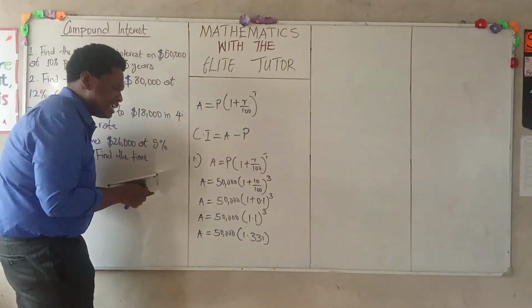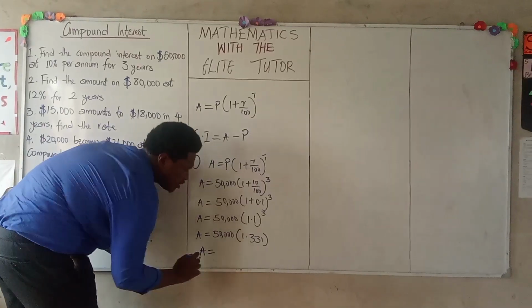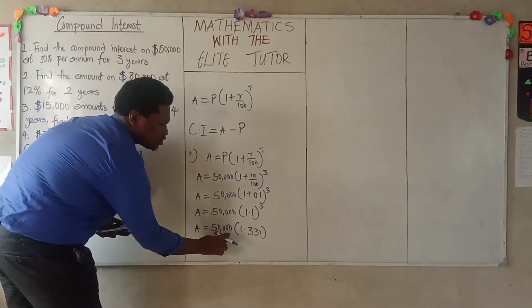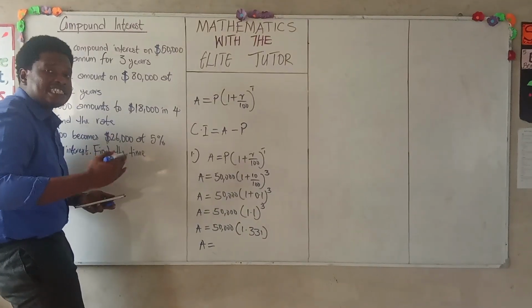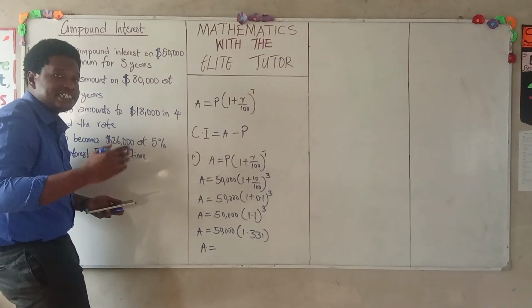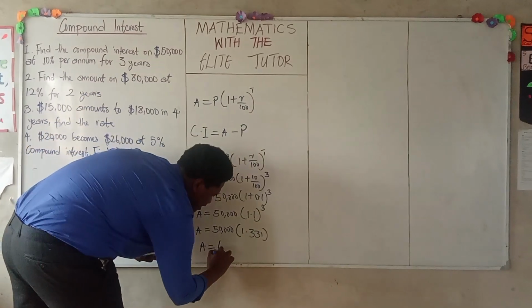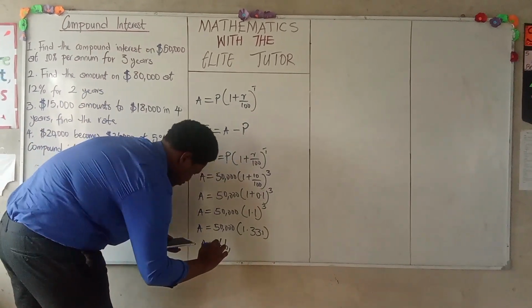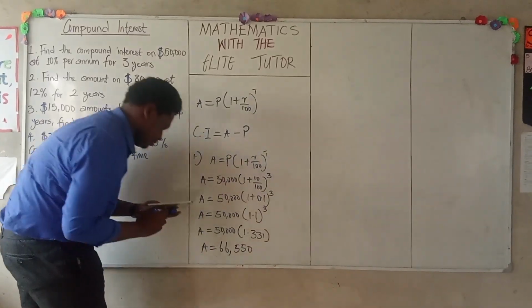And then finally, the value for our amount: A is equal to 50,000 times 1.331. And then our final answer will give us 66,550.